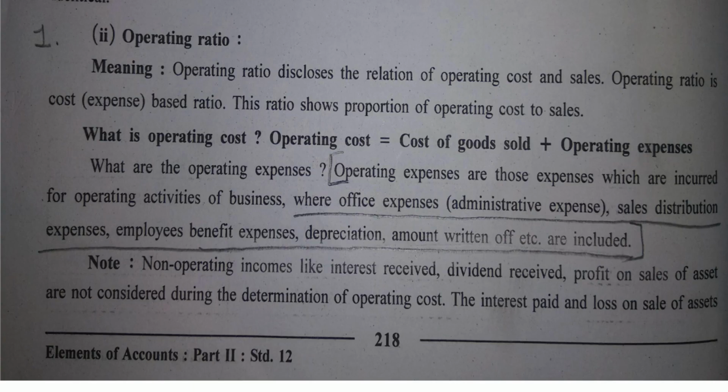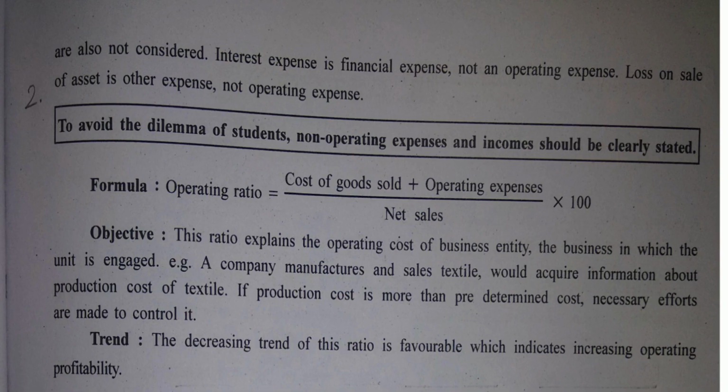The meaning, formula and necessary explanation is given on page number 218. What are operating expenses? What is operating cost? We have understood. You will write down the formula of operating cost, the point that has been highlighted about operating expenses, then the formula of operating ratio.